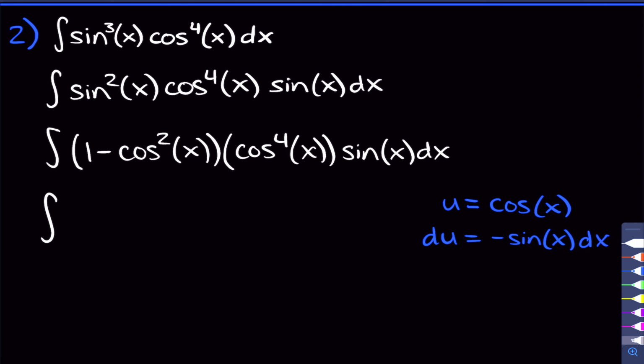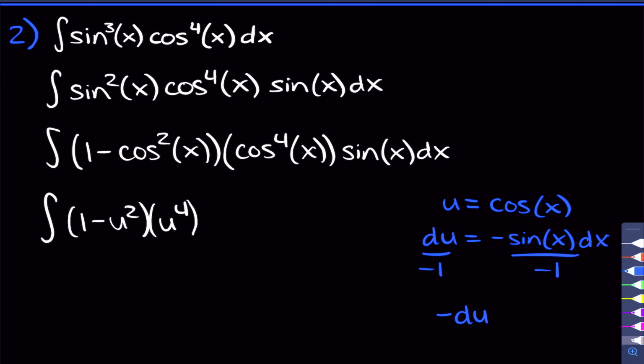We get the integral of 1 minus cosine, which is u, so this will be a u squared. And then cosine to the fourth will be a u to the fourth. And then lastly, we have a sine of x dx, but our du is negative sine, so if we divide by negative 1 on both sides, we get that negative du is equal to sine of x dx.